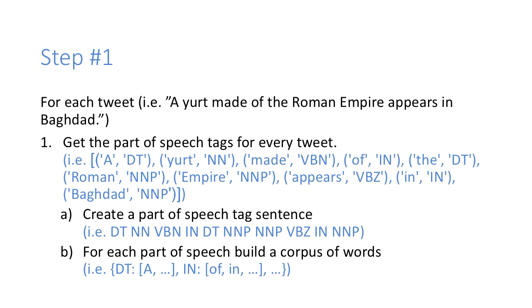The second thing I did was create a corpus of words for each type of part of speech. As we go through this tweet, the first type of part of speech was a determiner, so that goes in the first part of the sentence, and we also record in this determiner dictionary that we've seen the word "a." Hopefully that makes sense as to what we're doing there.